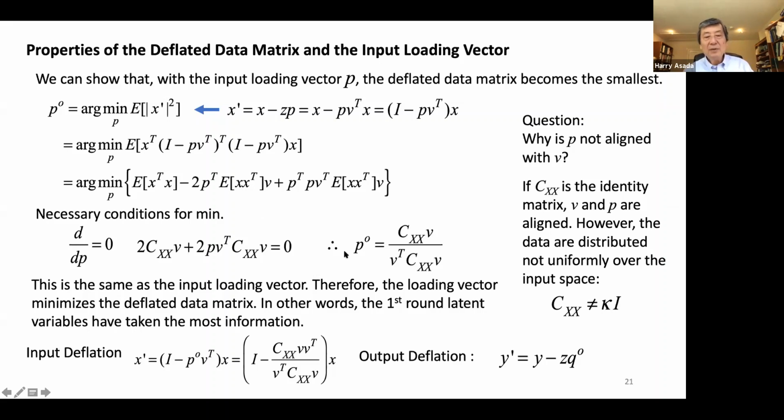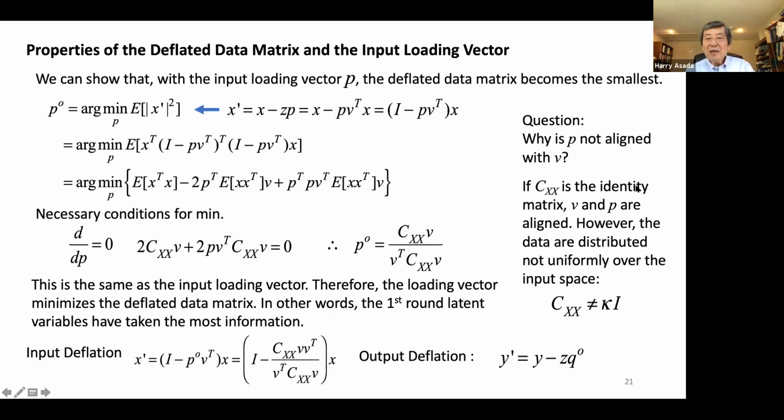We found P to be the most effective to reduce that, and P is the one that we obtained in the previous derivations. Okay, so this is a deflation. In the input space, we use this kind of mask to project this one to this, and on the output side of a deflation, it's very simple. You just remove this one, which has been used here.